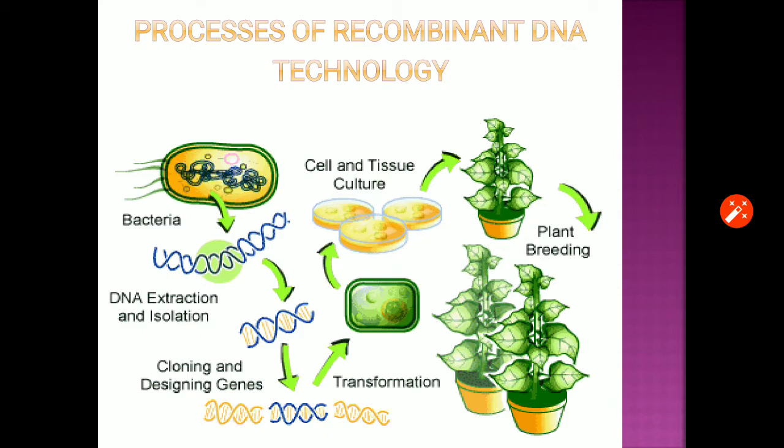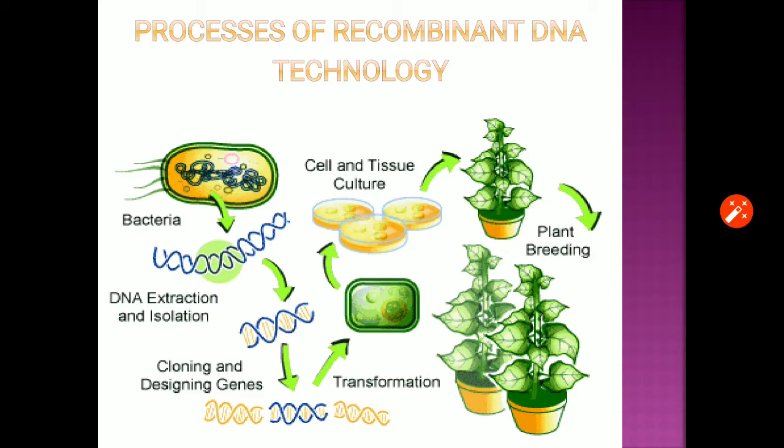Now we'll come to the process of recombinant DNA technology. As you are able to see, there is a bacteria and its DNA has been isolated, and then cloning of the designed gene has been done. The desired gene then has been inserted into the cell, and then we have cultured the cell and tissue, and then we have inserted it into the plant, modified it, and then we get it bred, or we get its multiple copies, and we will get the plant with the desired genetic change.